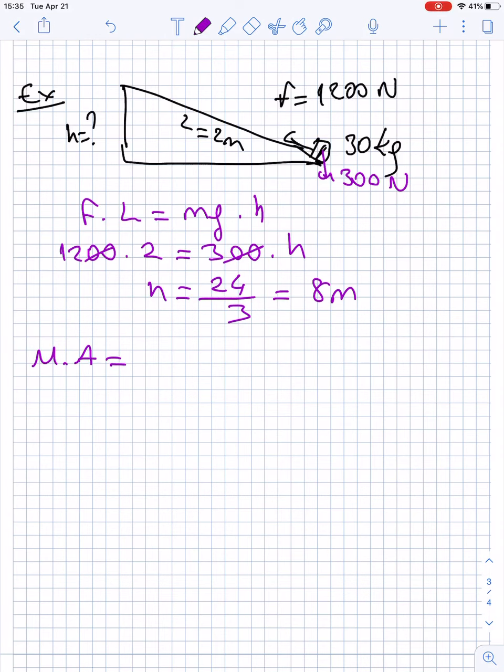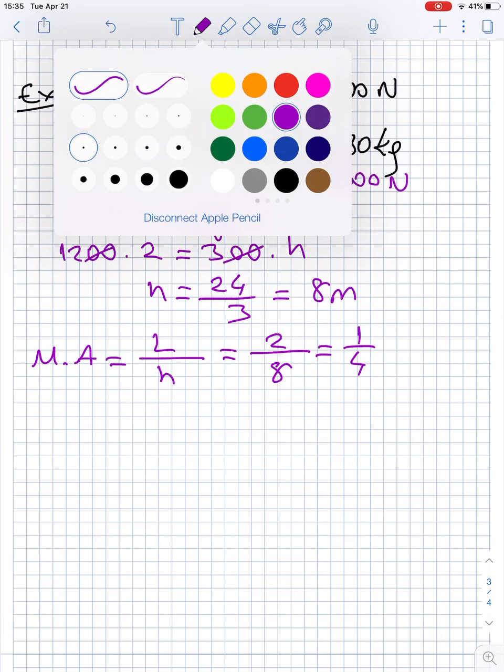And if I ask to find the mechanical advantage for the inclined plane, length over height. Length is 2 meters, height is 8 meters, and my result is 1 over 4. Next example.